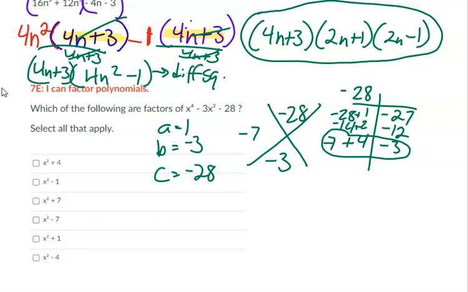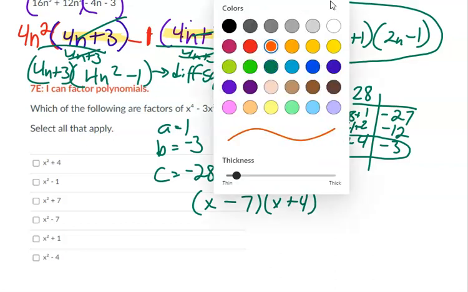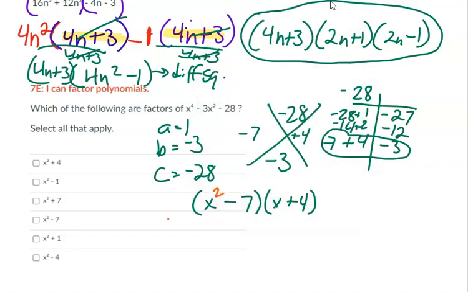So we have negative 7 and positive 4. A is 1, so we can go ahead and stop there. So minus 7 plus 4. Now, these x's are going to need to be squared in this case. They're squared because we start with an x to the 4th. We could do this because it's 4 and 2.